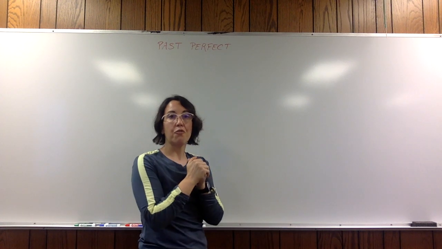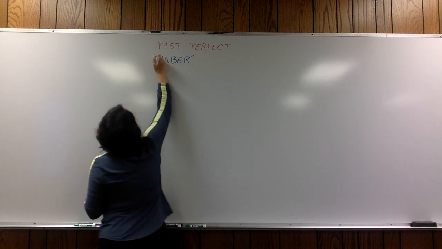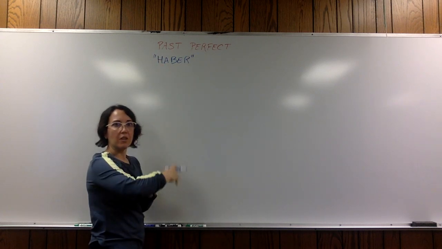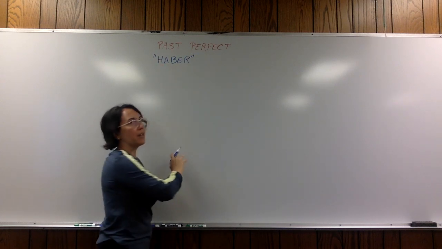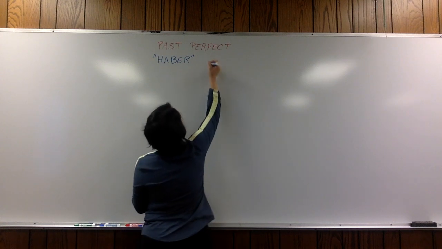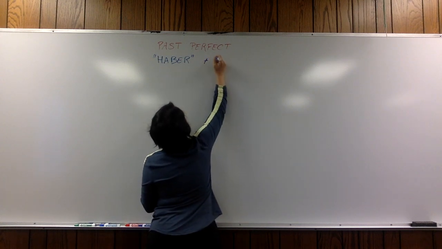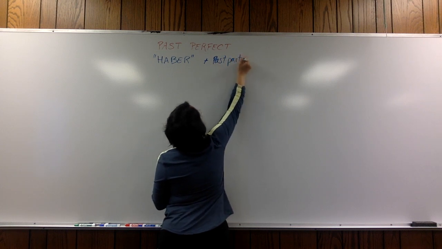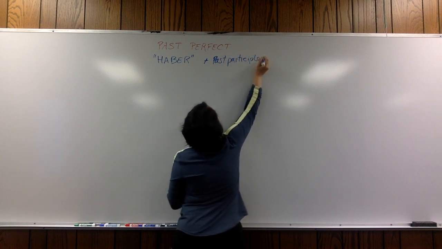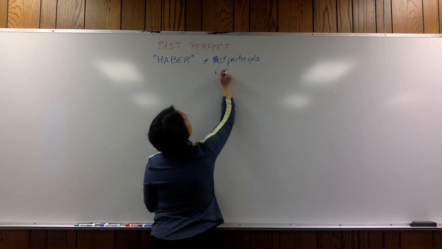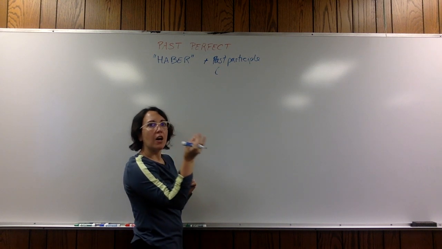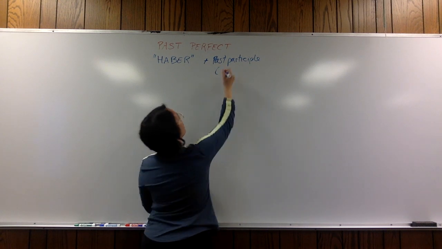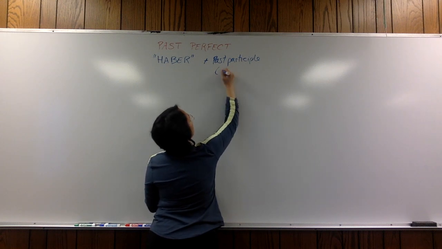Let's see the forms. The forms of haber. So we change the haber, but we keep the past participle. And the past participle, remember that it's verbs that you drop the AR, ER, or IR and add ado or ido.